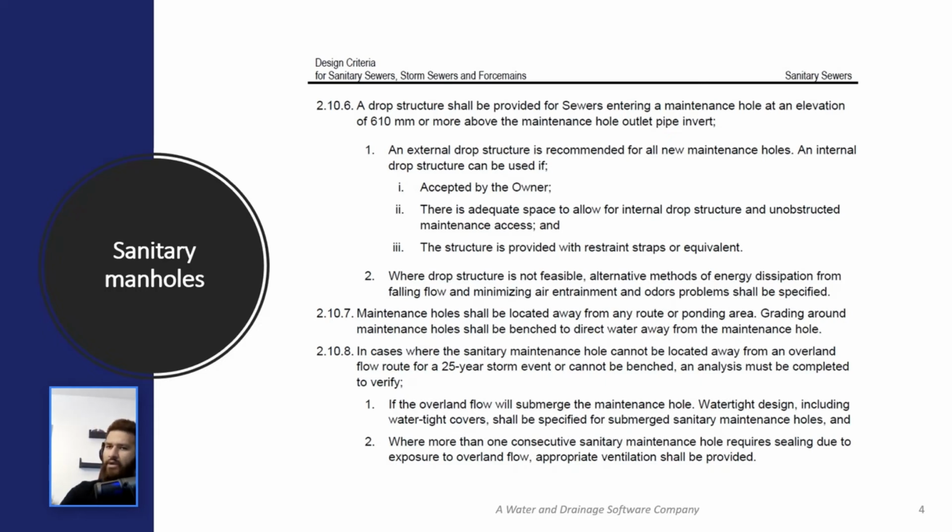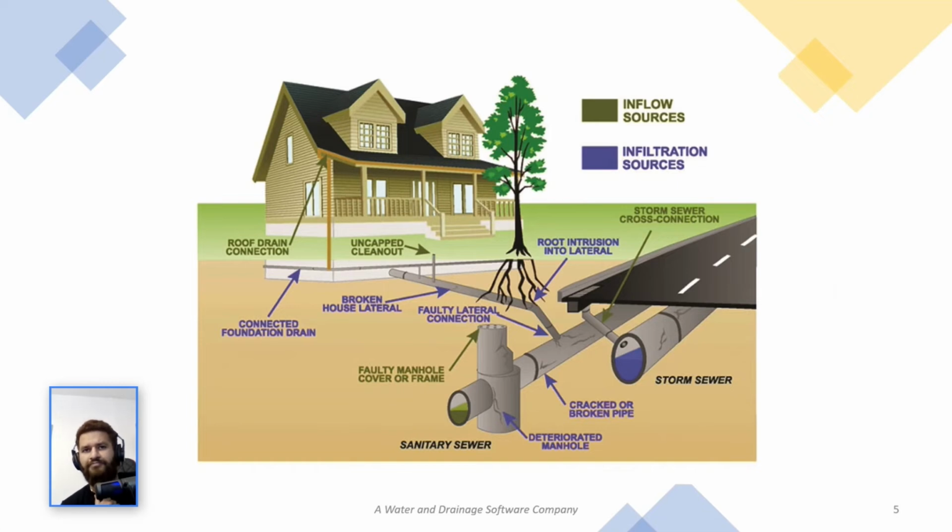We should do a manhole INI analysis to see if the overland flow from a 25-year storm event is going to submerge the manhole. And if more than 3 consecutive manholes are going to be submerged, we need to do the ventilation. So in order to better understand what exactly we're talking about, I provided this one.